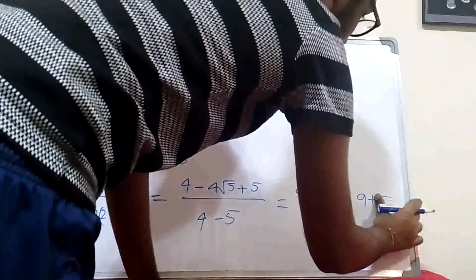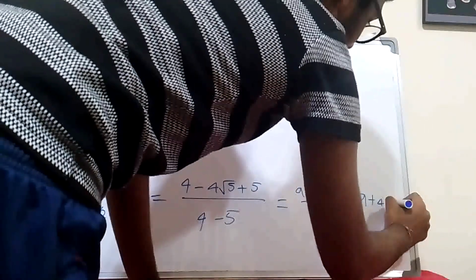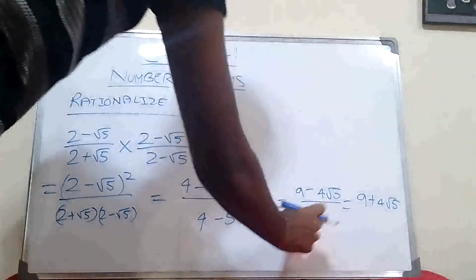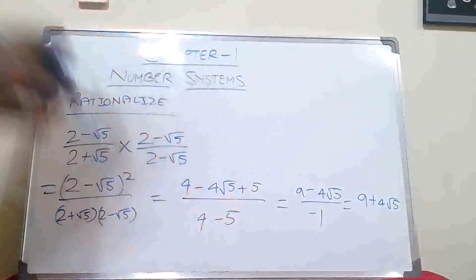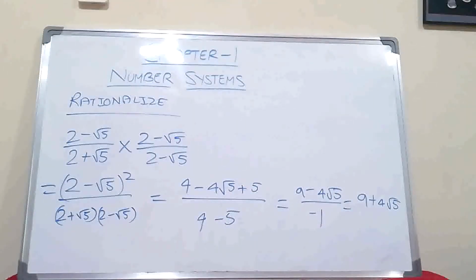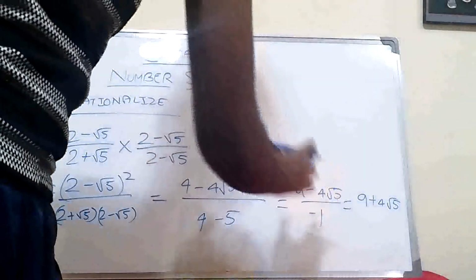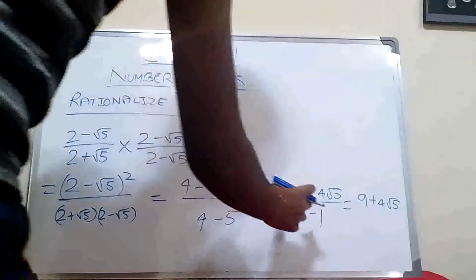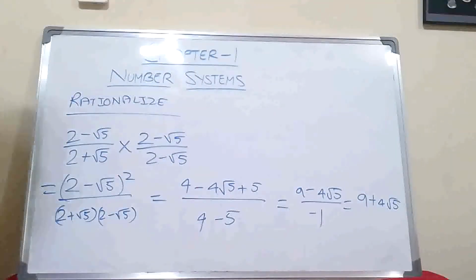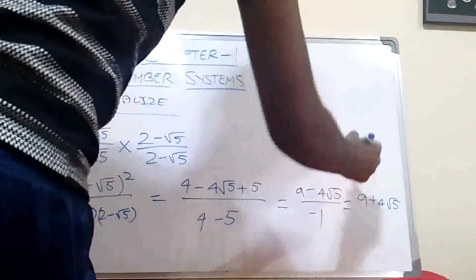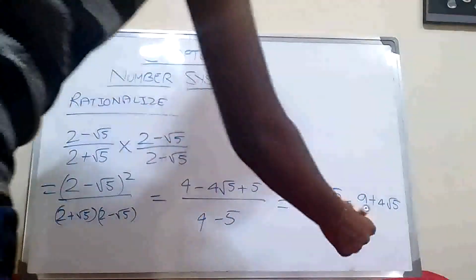Here we have negative 1 in the denominator. Now, as we have learned last year, according to the standard rule of rational numbers, we cannot leave the denominator as a negative number. So the negative will go to the top; we'll multiply both sides with negative 1. So likewise we will get the answer as 9 plus 4 root 5.